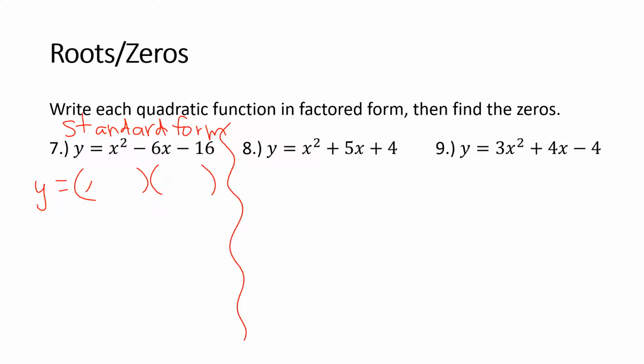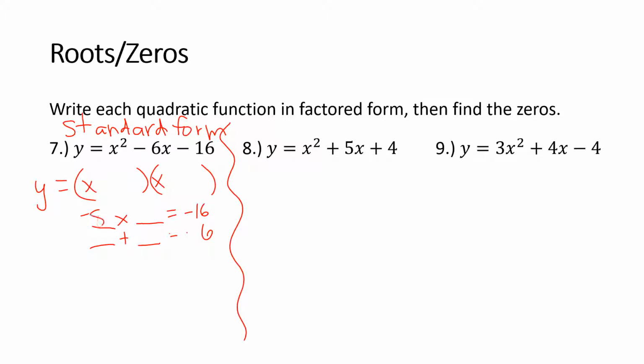So we will start off with x times x to get that x squared. And here we need 2 numbers that multiply to negative 16 and add up to negative 6.